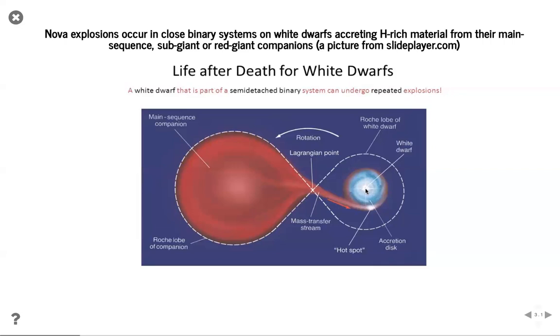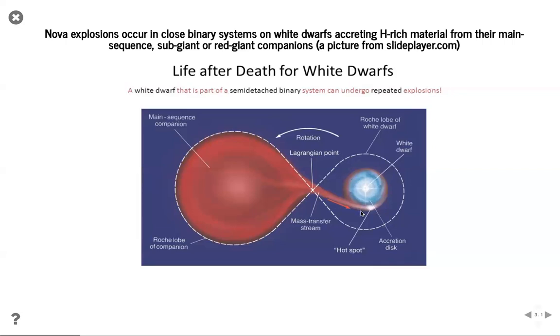Hydrogen is ignited, but because thermodynamic conditions at the bottom of the surface of the white dwarf are still close to degenerate conditions, this ignition has the form of a thermonuclear explosion or thermonuclear runaway. As a result, convection develops in the accreted envelope of the white dwarf, and the envelope begins to expand.